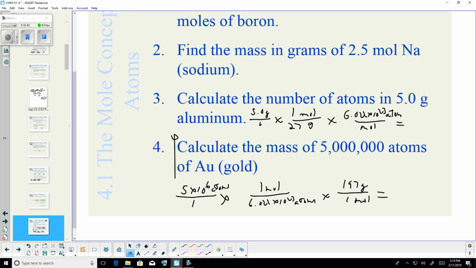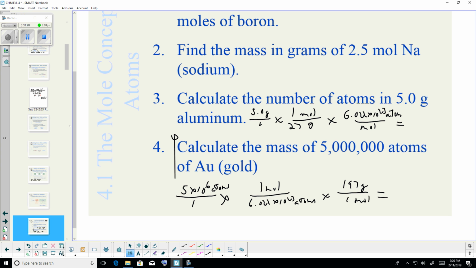No? Not even close? What? I think you're wrong. All right. 5 times 10 to the 6th divided by 6.022 times 10 to the 23rd, minus 18. Yeah. 197 divided by... 2.37 times 10 to the minus 19th.